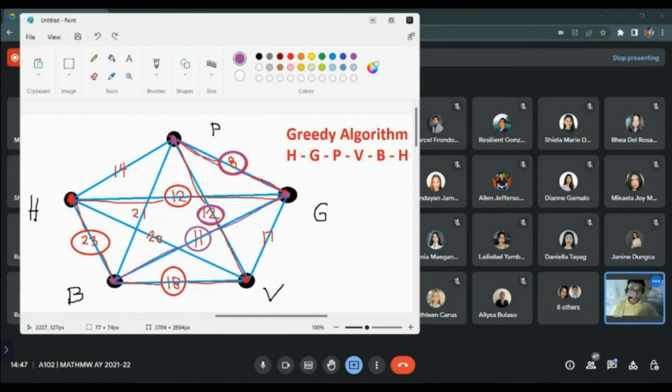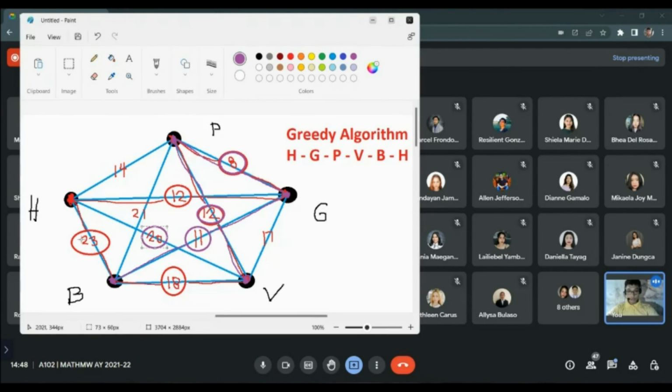Next, from bank to the video rental store, shortest pa din si 12 minutes. So, we'll need to travel along that edge. And then you just have to connect to complete your circuit. So see that we haven't yet visited one more vertex, and that is H. So kompletuhin lang natin.